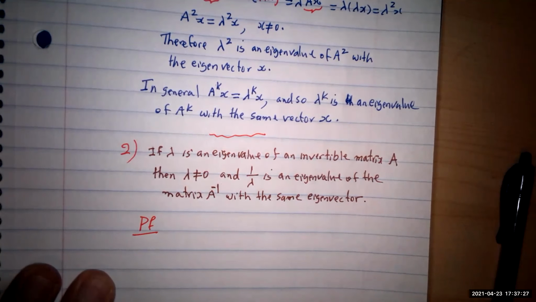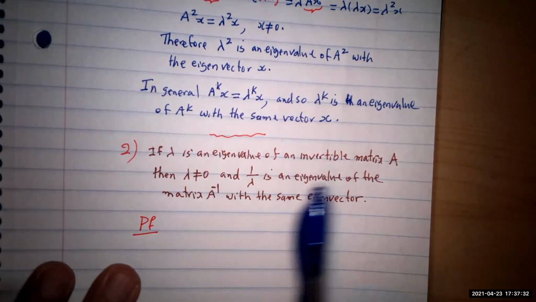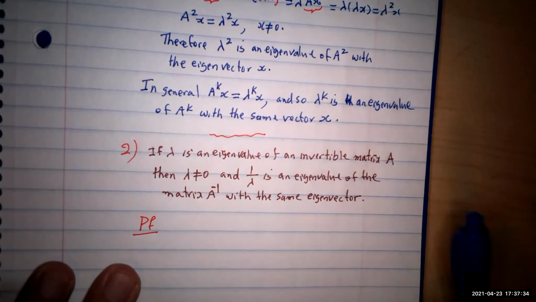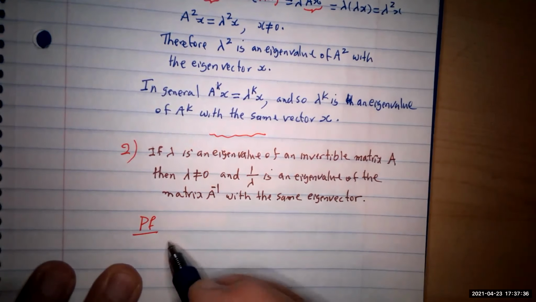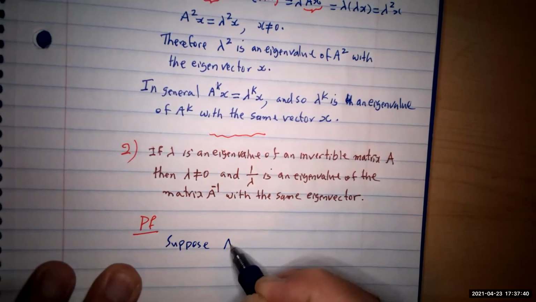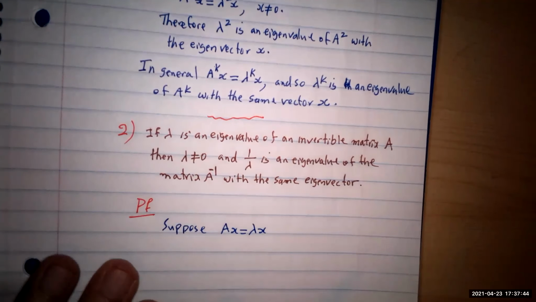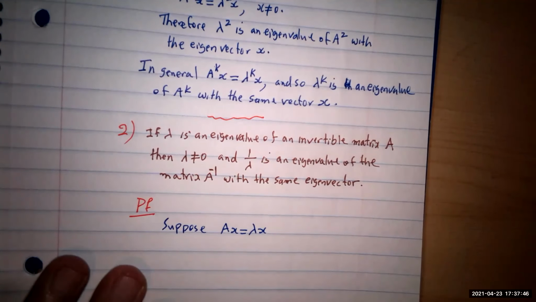We have that lambda is an eigenvalue of A, so we suppose that AX is equal to lambda X. Then we'd like to change this into A inverse, if you like. So A is invertible.